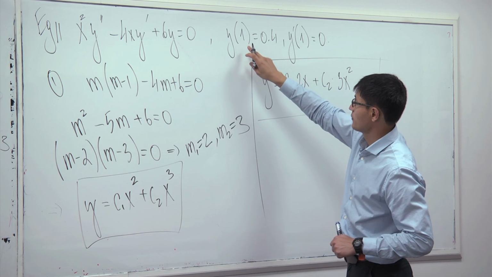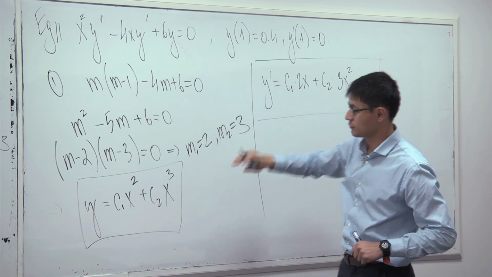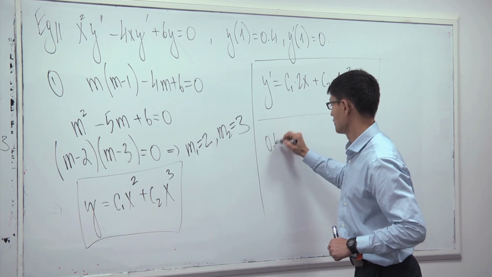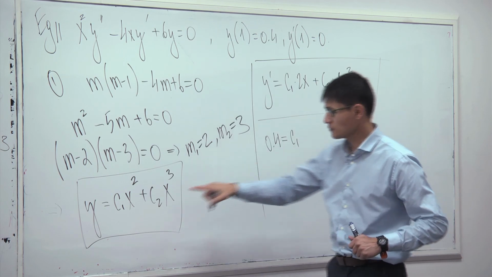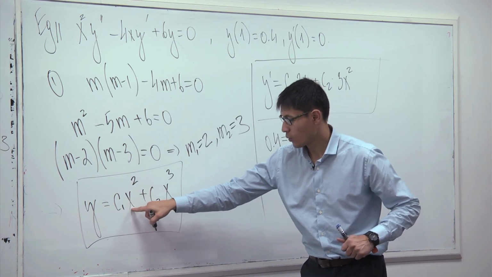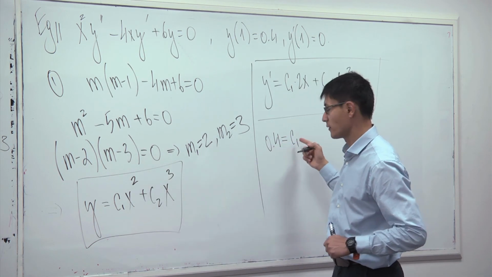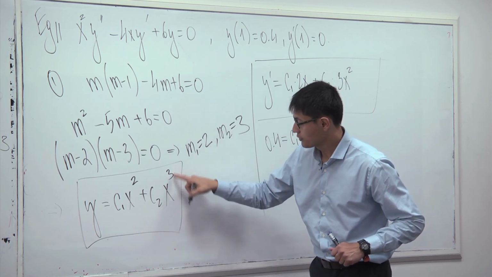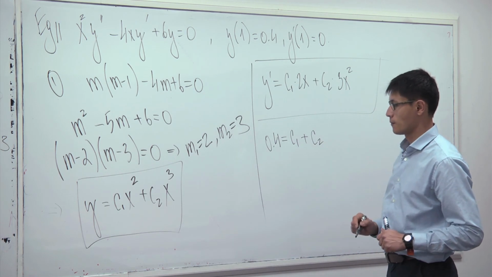So that means if I replace x with 1 and y with 0.4 in this equation, I would get 0.4 equals c1. Remember, I have to put 1 instead of x. 1 squared is just 1, so I don't have to write it. And then 1 cubed is also 1, so 1 times c2 is just c2.